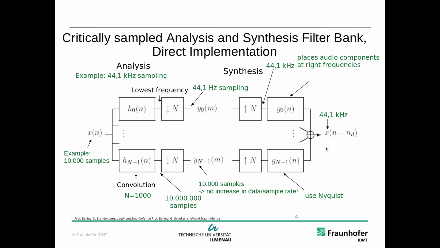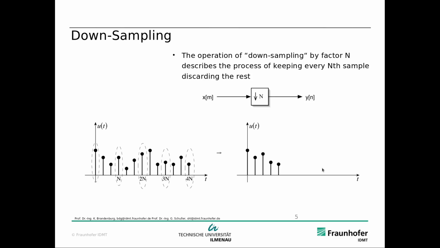Right. So you can also imagine how this works by looking at the Nyquist theorem. Nyquist basically tells us that if we downsample accordingly, we can reconstruct the signal perfectly, given we have perfect filters, as we will see soon.